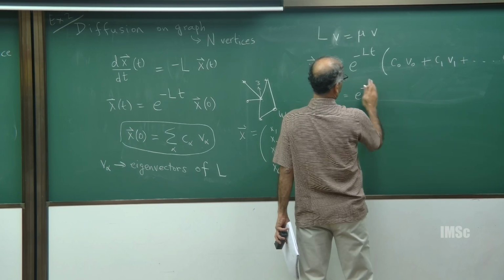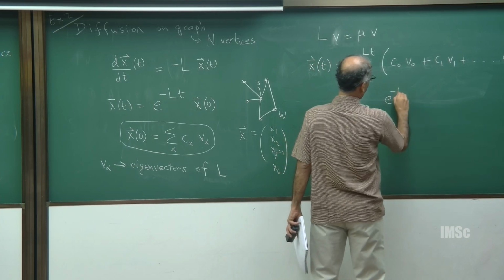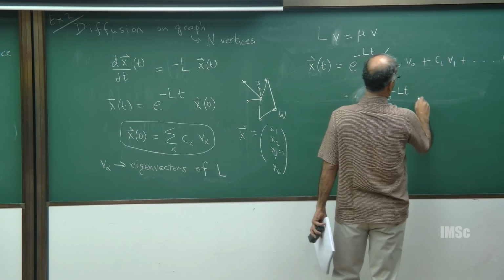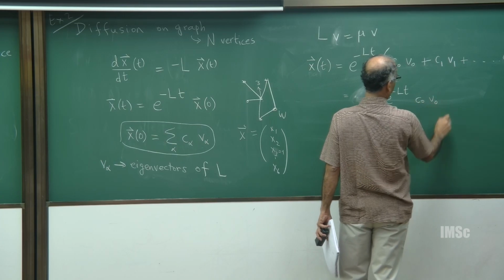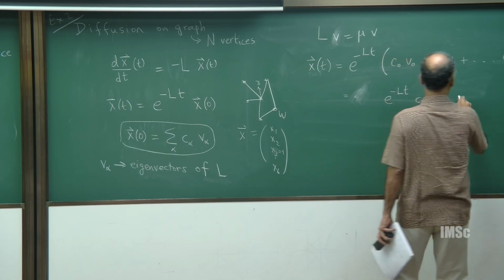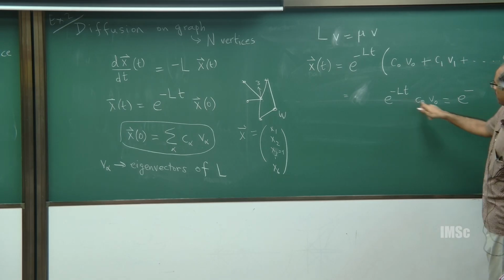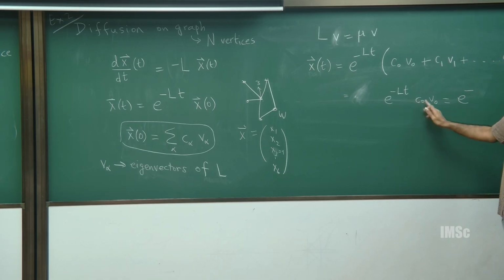If I have something like e power minus LT acting on C0 V0, this can be written as e power minus L acting on, this is a number, you can take it out, L acting on this eigenvector will give you mu 0 times T times C0 V0.